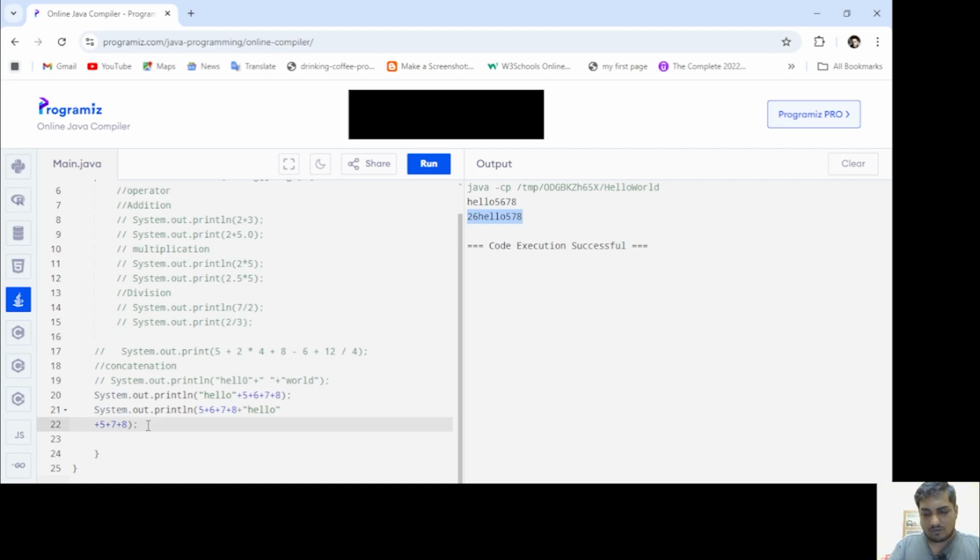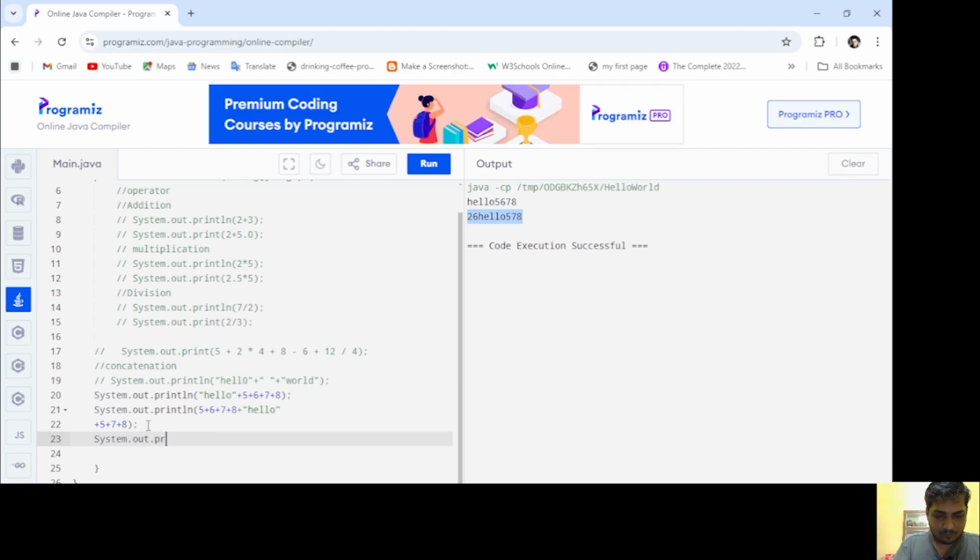Now if we talk about System.out.print, okay, if we concatenate a character literal with hello, what will we get as the result? Just see.